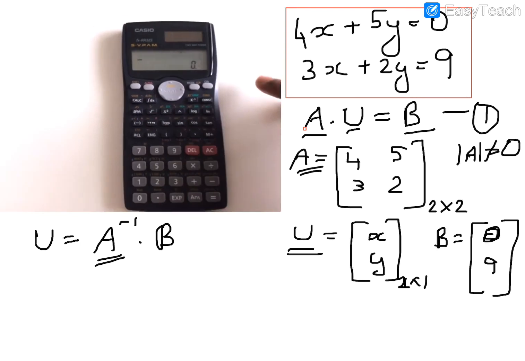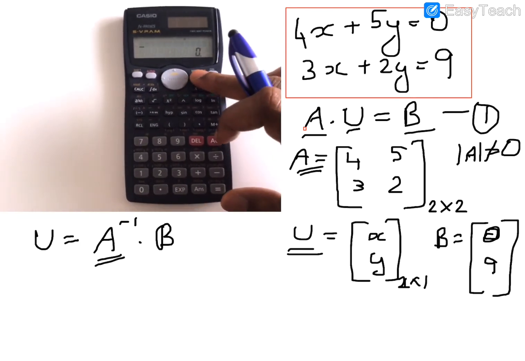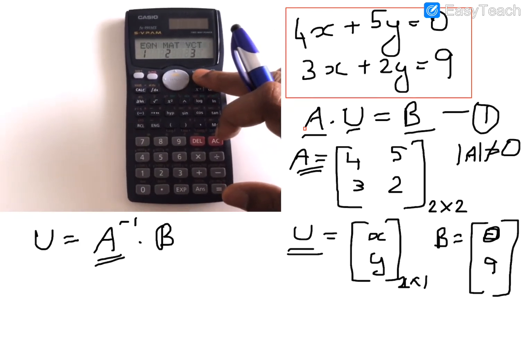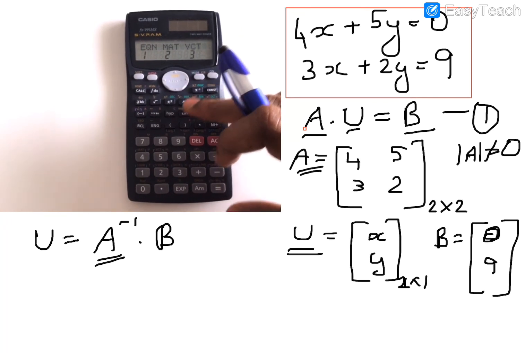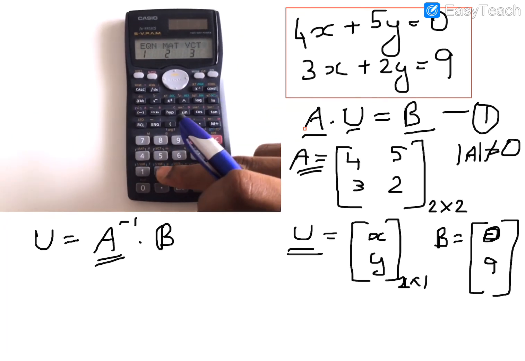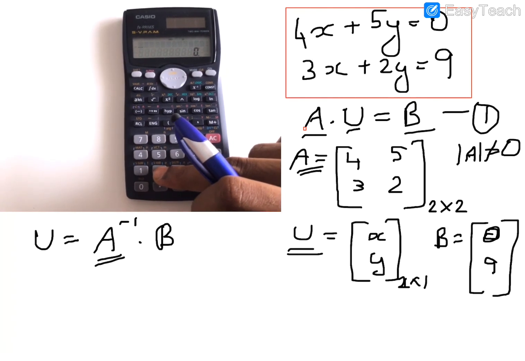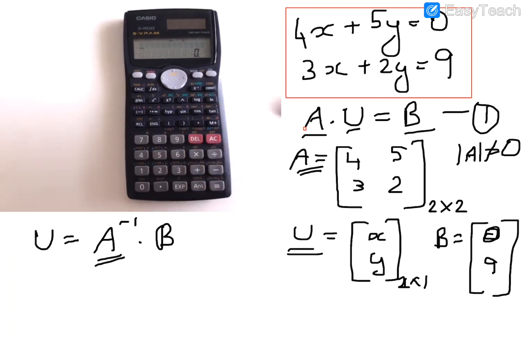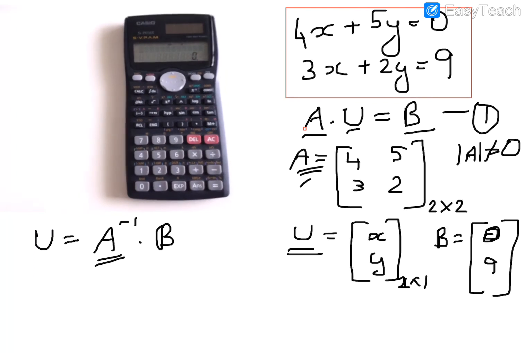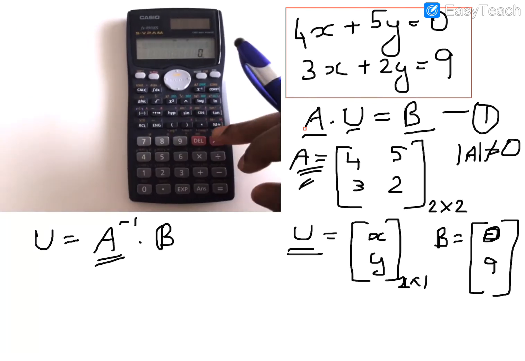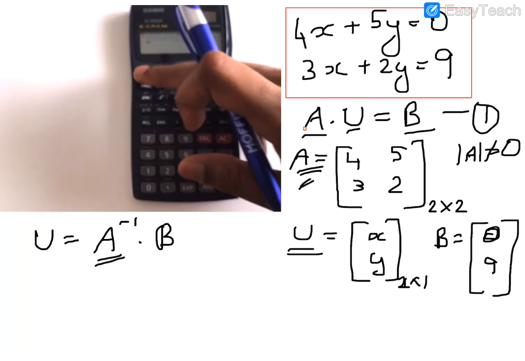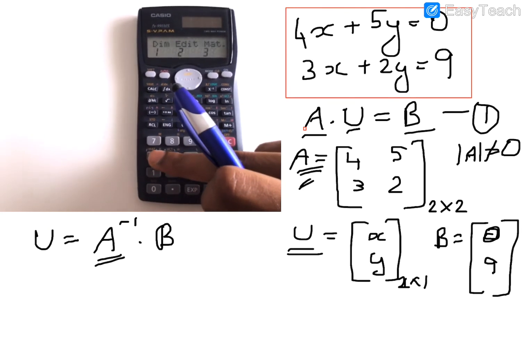So again, how to do it? I'm going to use my Casio FX 991 calculator. I'm going to select the matrix, and I'm going to input the value of my first matrix, which is going to be this one, matrix A. So I'm going to select shift matrix.